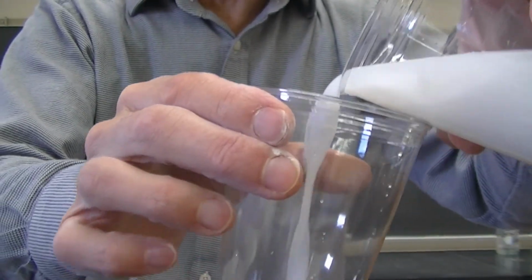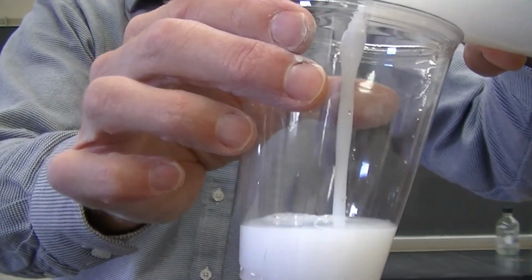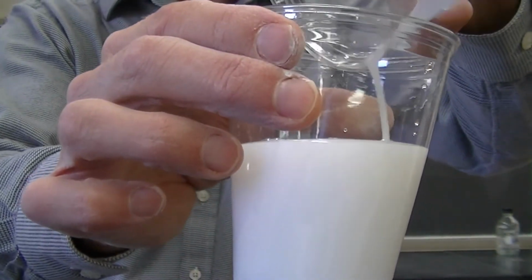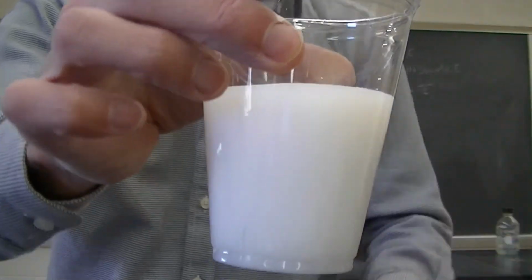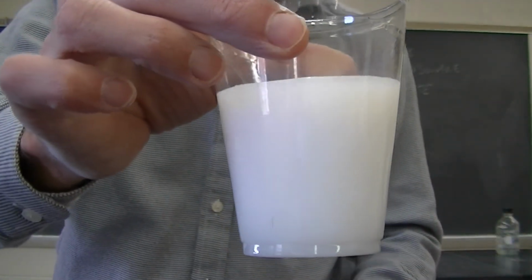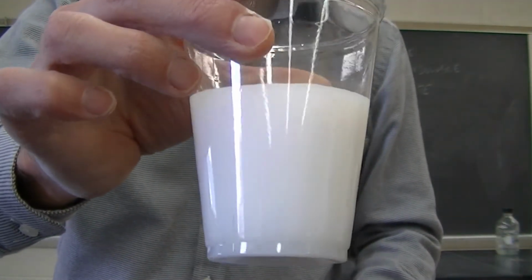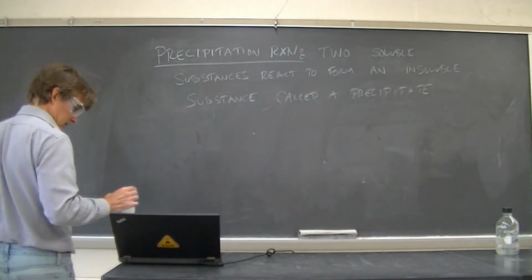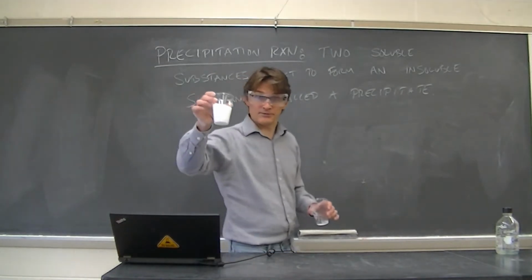A solid was formed. An insoluble substance was formed in the reaction between dissolved sodium bicarbonate and dissolved calcium chloride. And you know what's interesting about that is we can use our solubility rules to figure out what this white stuff is that formed.